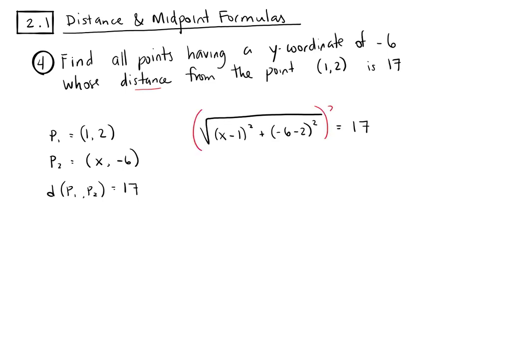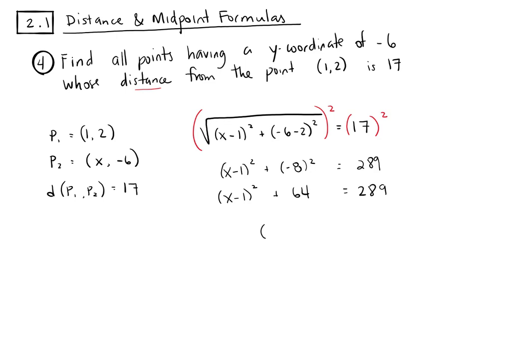Get rid of that square root. And I'm going to get x minus 1 squared plus negative 8 squared is equal to 289. So that's x minus 1 squared plus 64 is 289.